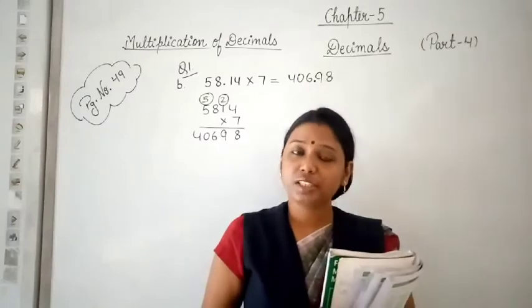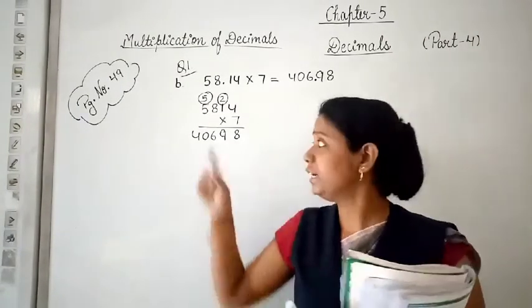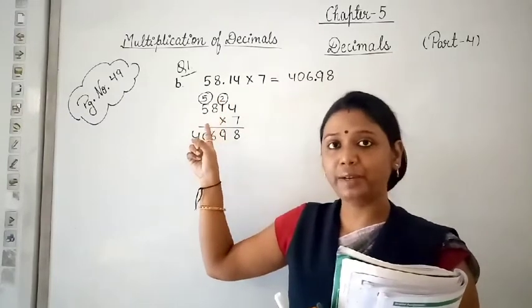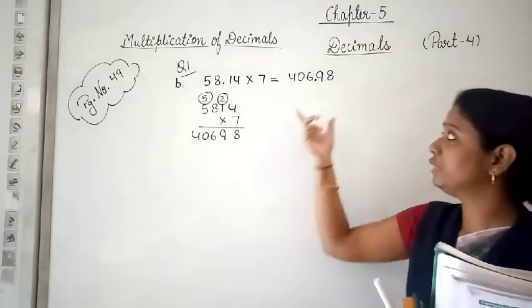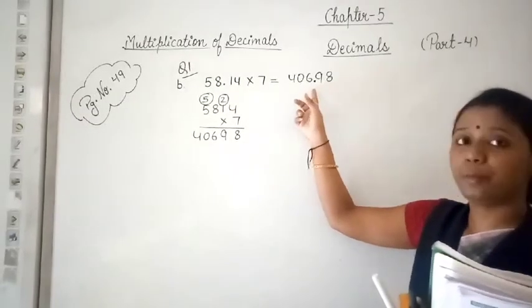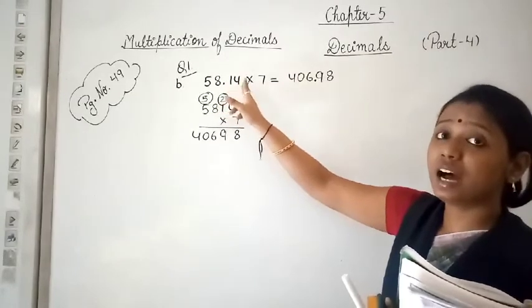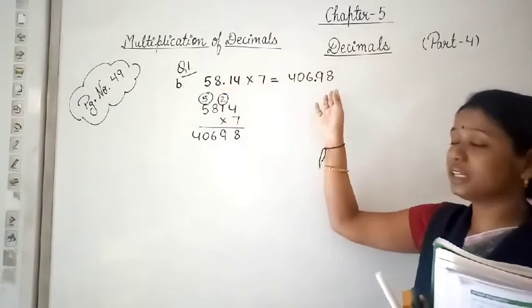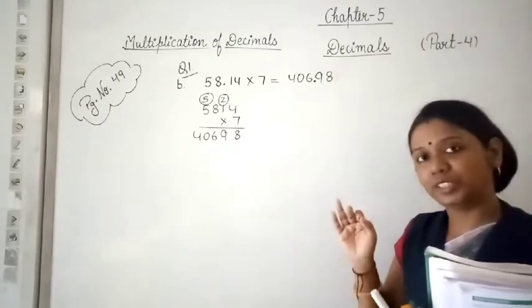We have to just multiply the number without writing the decimal point. I skip the decimal point, perform the multiplication, and whatever answer you get, insert the decimal point after the number of digits. Like here, the decimal point is after 2 digits. So in my answer I will insert a decimal point after 2 digits.